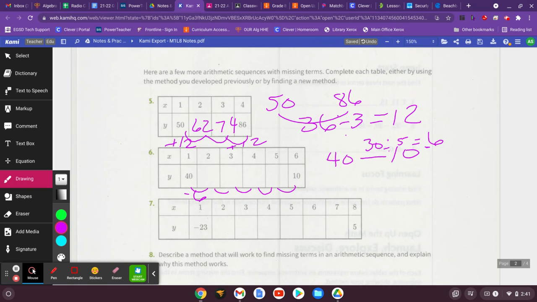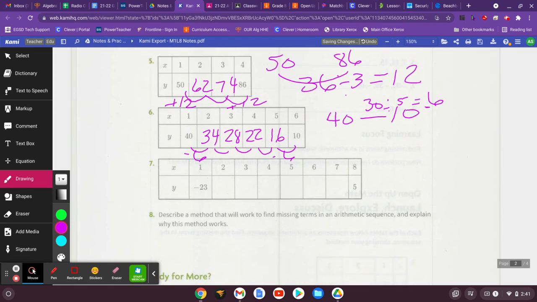If I do a minus 6 here, that's 34. Minus 6 is 28. Minus 6 is 22. Minus 6 is 16. Minus 6 is 10. Awesome. And just double check that that still works on the end.